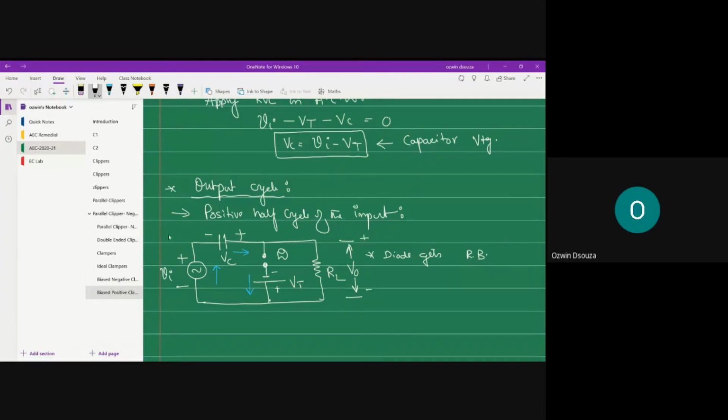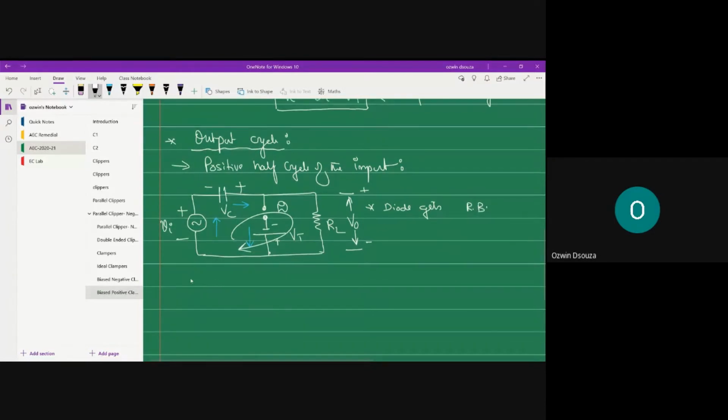Fine. So let's apply KVL now in clockwise direction, because we are dealing with positive half cycle. So what do you get? Minus to plus, then minus to plus, and plus to minus, we know, is equal to 0.